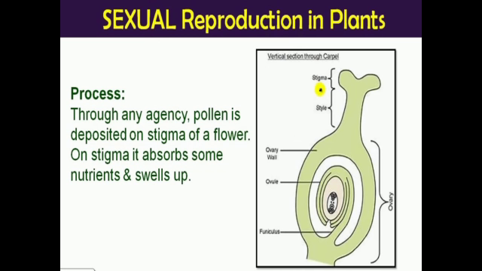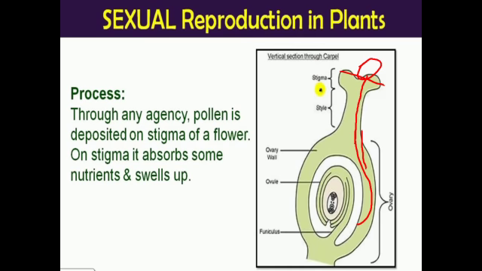There the pollens get deposited, and on the stigma they absorb some nutrients and swell up. Here from the stigma the pollen grains form a long tube. Here this is the stigma, here the pollen grains get deposited, and from here it gives a long tube, and through the style it moves to the ovary.